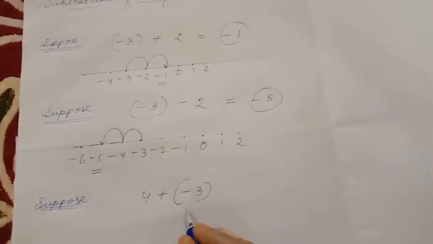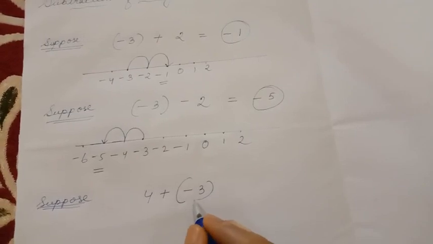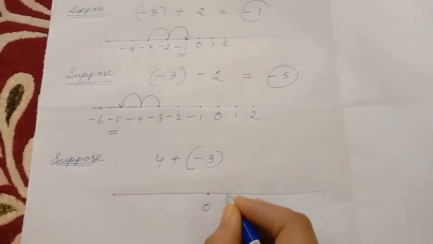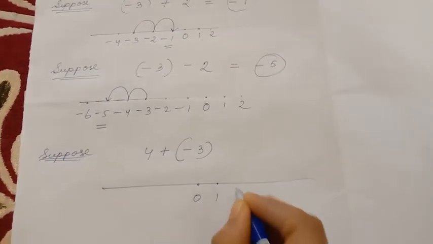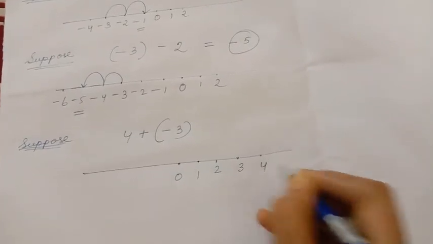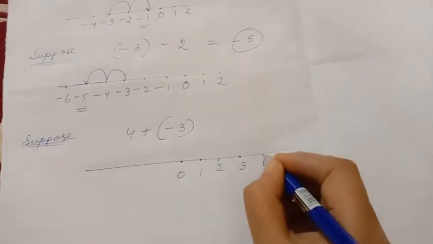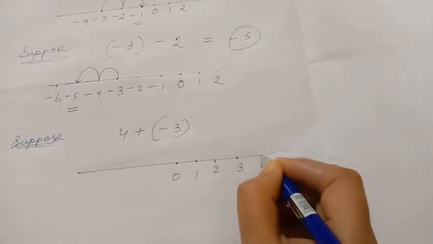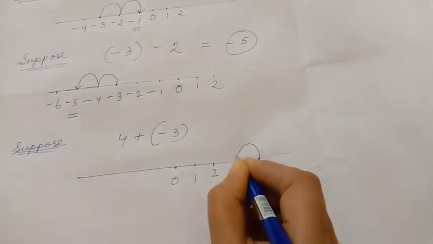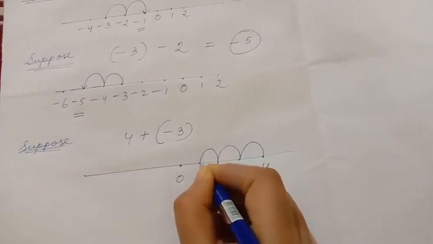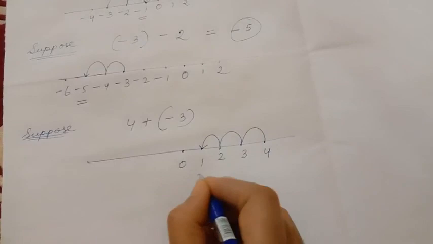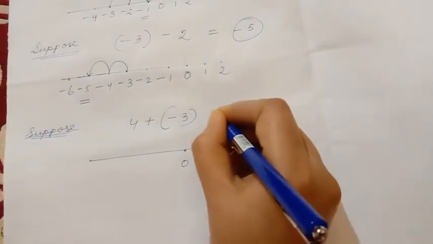Now we are adding a negative integer. So here also we have to start from number 4 and we have to move to the left 3 units. So we are getting here +1.